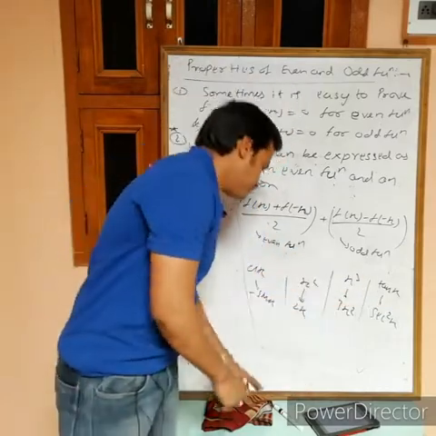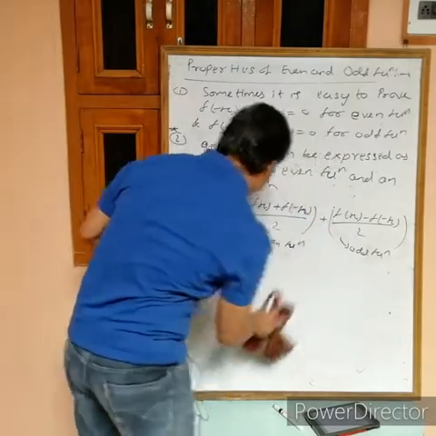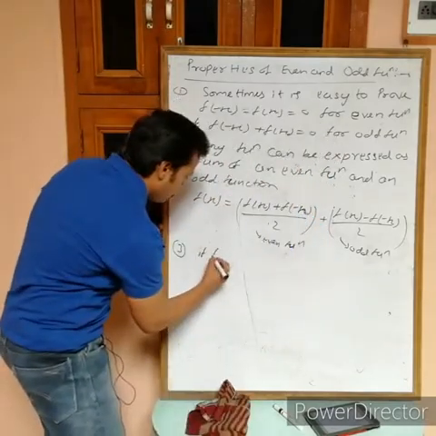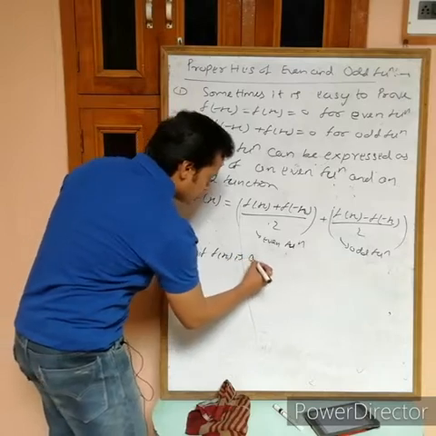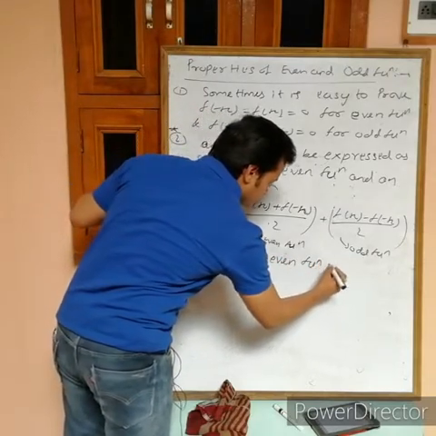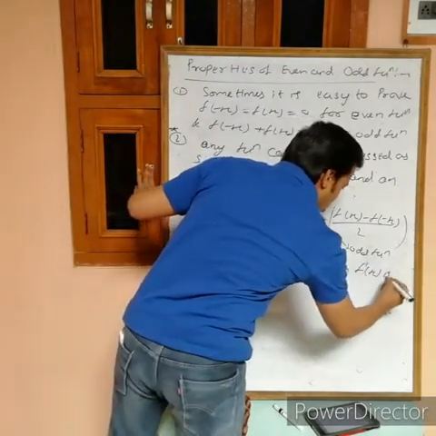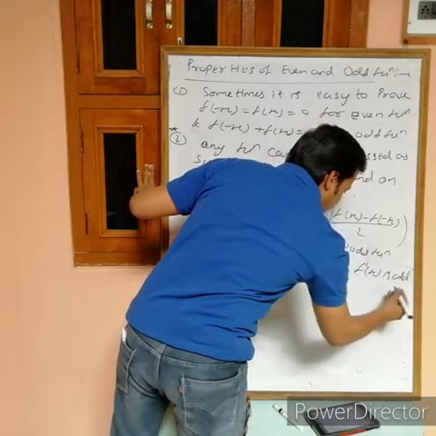So I can write now: if f(x) is an even function, then f dash x is an odd function.